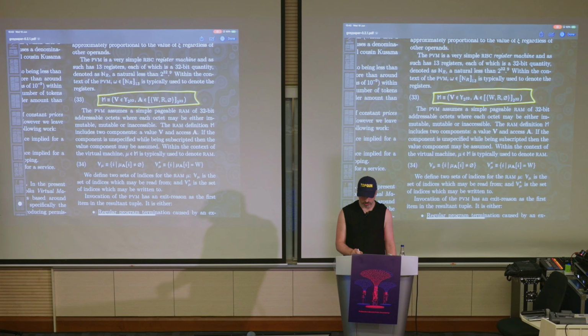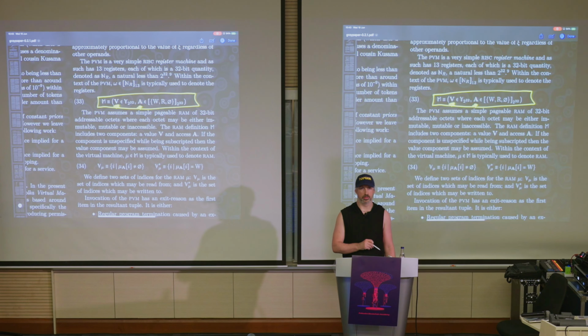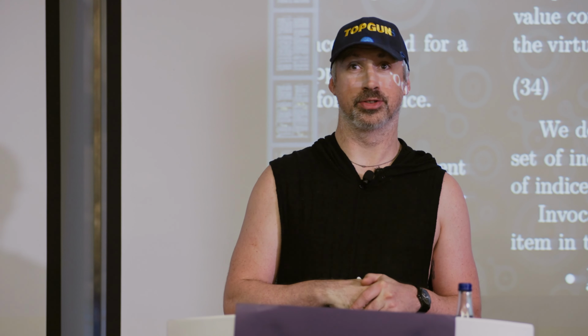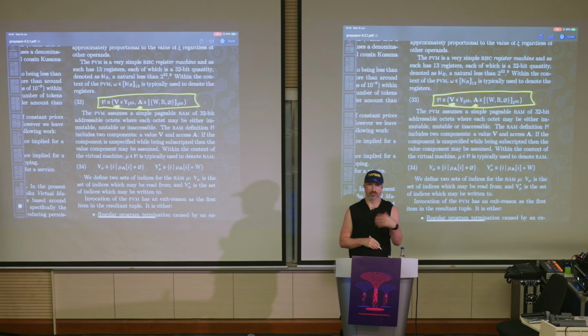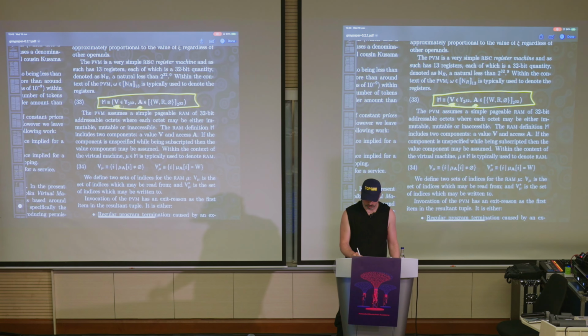It's made up of two components: the actual value, bold V, and the access requirements, bold A. So every byte in memory, we model it as having these two different dimensions. We have the actual byte value itself, which is this blackboard Y, which just means byte array.